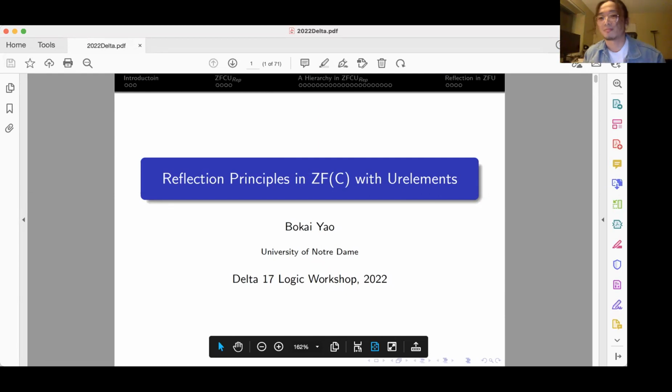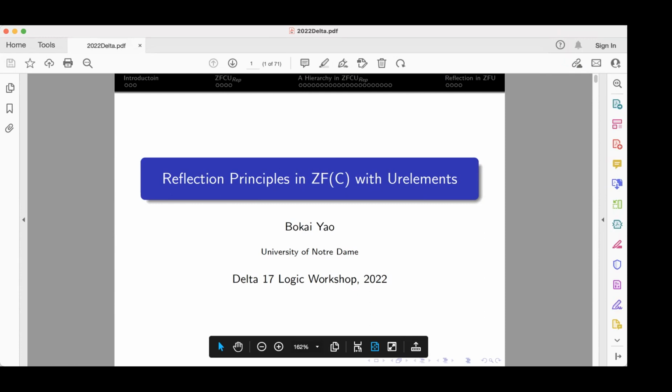Which might interest some philosophers. And so here we have sets whose transitive closure doesn't have any Ward elements in it. Those sets are called pure sets, and so this is the universe V.